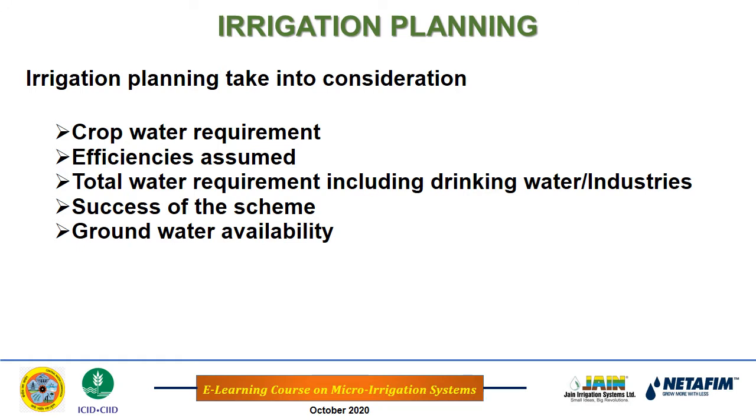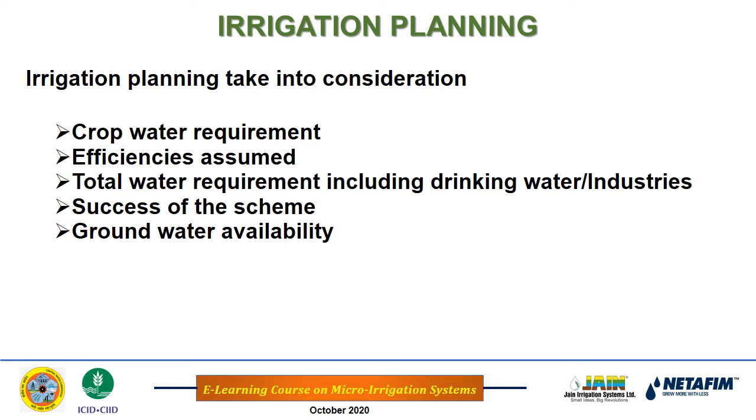Then sometimes if it is a big or reasonably big project, we do take into account from the source what the other requirements are other than irrigation, like drinking water, or sometimes a nearby industry may also need to be provided. So accordingly, for planning the water at source, these kinds of requirements may also be taken into consideration.